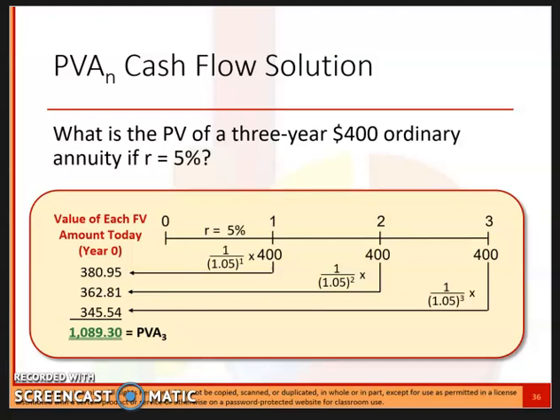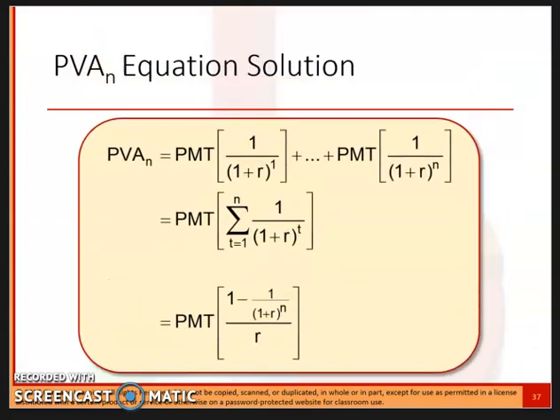We can enter that into the calculator, but next I'll show you the formula. In this case, it's going to get a little bit uglier. It's our payment multiplied by 1 minus 1 divided by 1 plus the interest rate to the n power, all divided by the interest rate again.